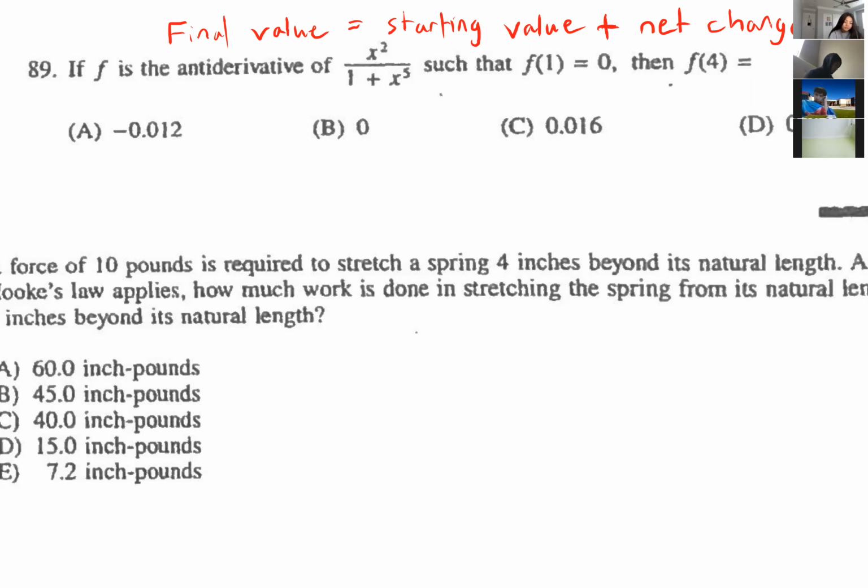Okay, so the final value is going to be f of 4. So f of 4 is going to equal the starting value. We're starting at 1, so it's going to be f of 1 plus the net change. The net change is how much it changed from 1 to 4.